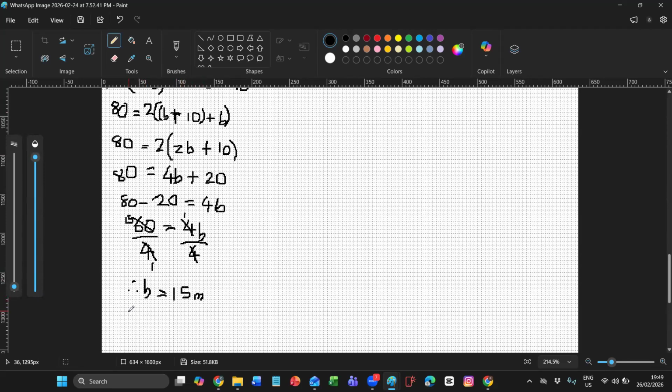And now we know that because length is 10 plus breadth, length will be equal to 15 plus 10, right? So that will be 25 meters. Okay, so that's it for number 9.